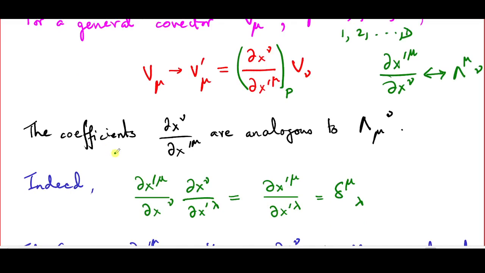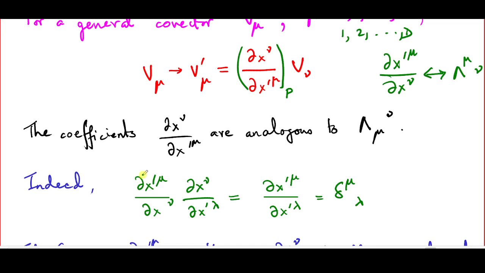If we were to calculate ∂x'^μ/∂x^ν times ∂x^ν/∂x'^λ, of course summed over ν, then this expression, according to the chain rule of partial derivatives, is nothing but ∂x'^μ/∂x'^λ, and since all x's are also mutually independent, this must be the Kronecker delta δ^μ_λ.